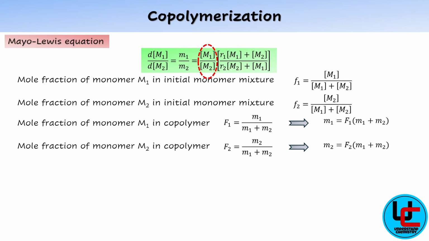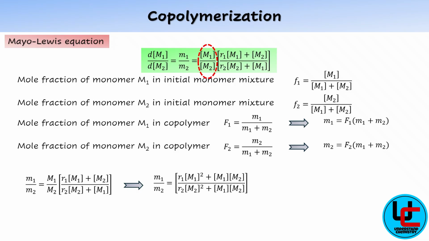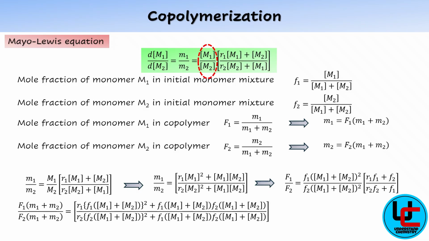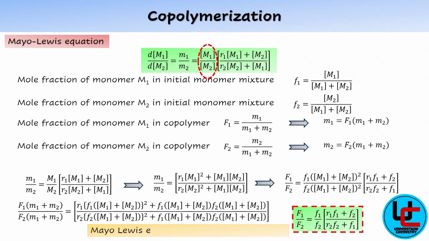Using these mole fraction expressions, we can isolate the value of m1 and m2 in both the feed and the polymer. Substituting these in the Mayo-Lewis equation and simplifying, we arrive at the following form. This is the Mayo-Lewis equation expressed in terms of mole fractions.